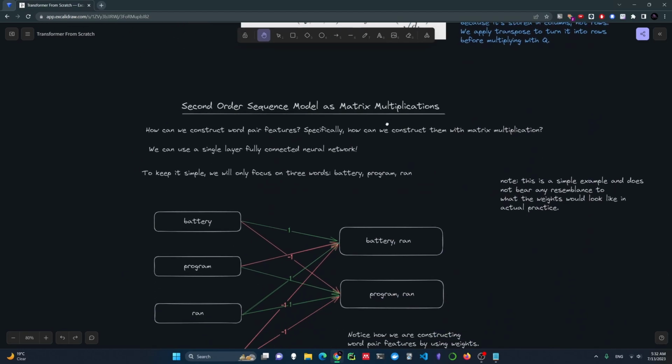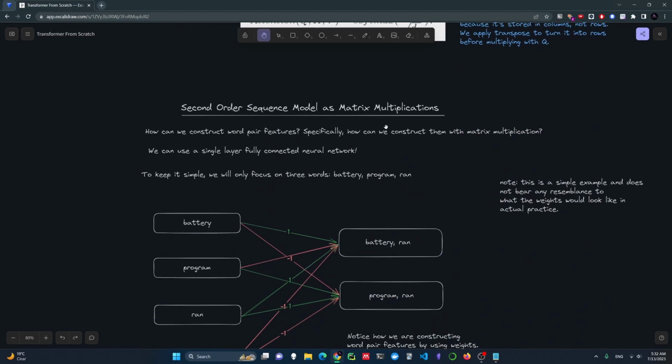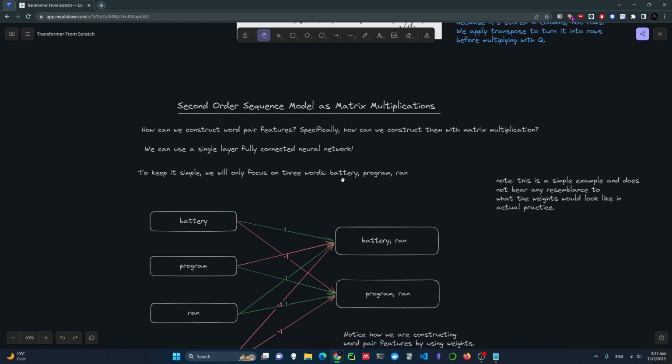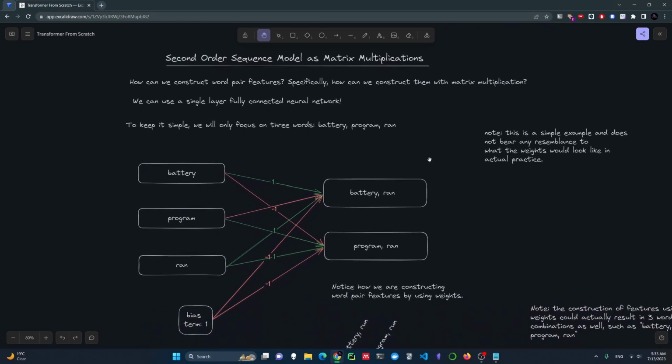That's what I meant. Okay, so we can actually use a single layer fully connected neural network here. So to keep it simple, we have the words battery, program, and ran. We extracted these after applying the mask vectors. So these are the three words that we really care about here. They're the important words. And we have here a single layer fully connected neural network, right?